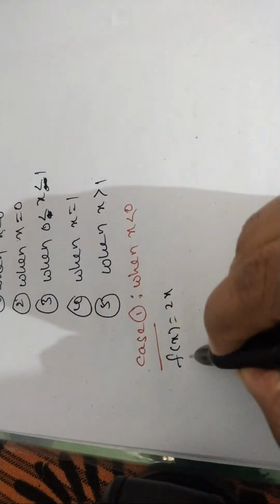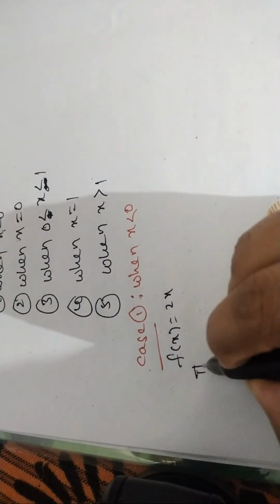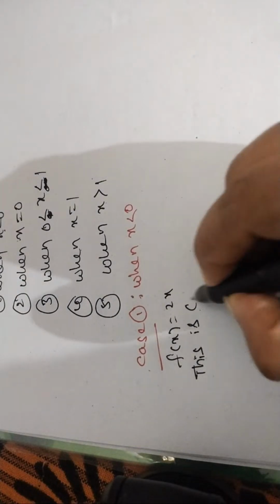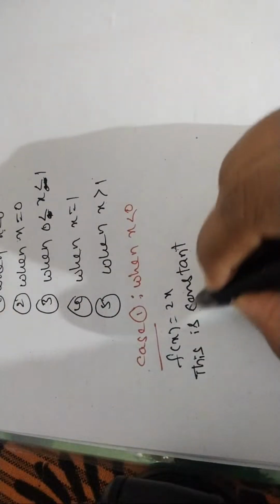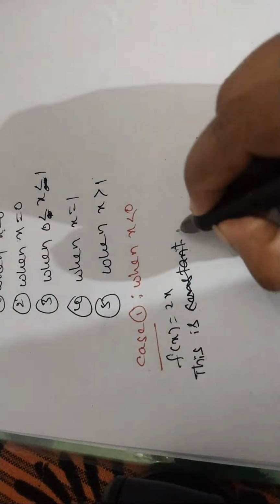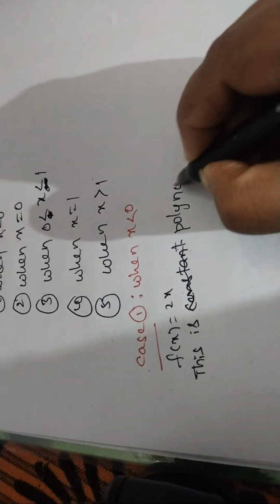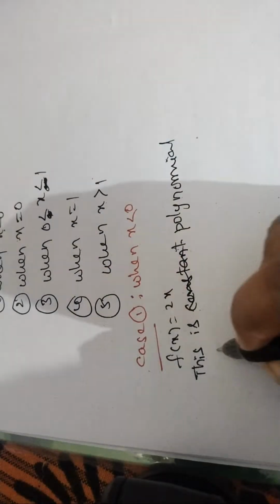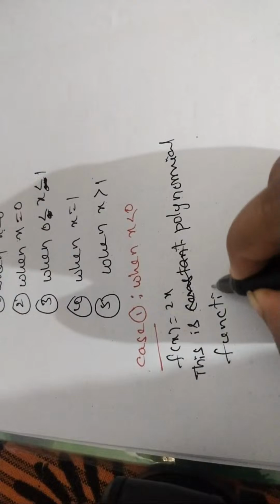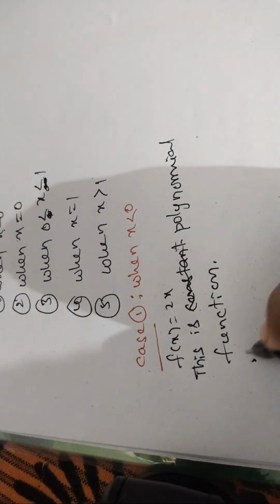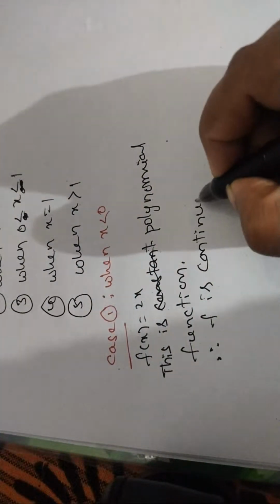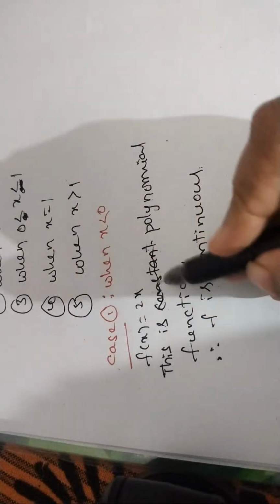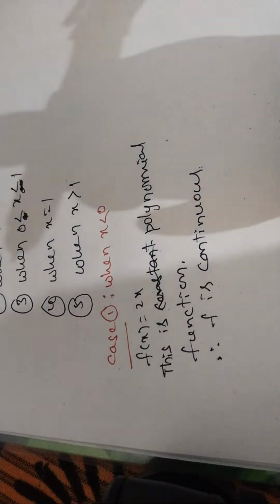This is a polynomial function. Therefore, f is continuous.